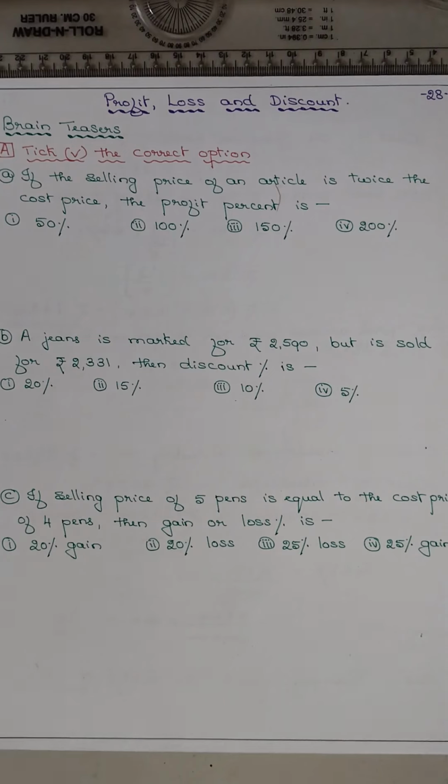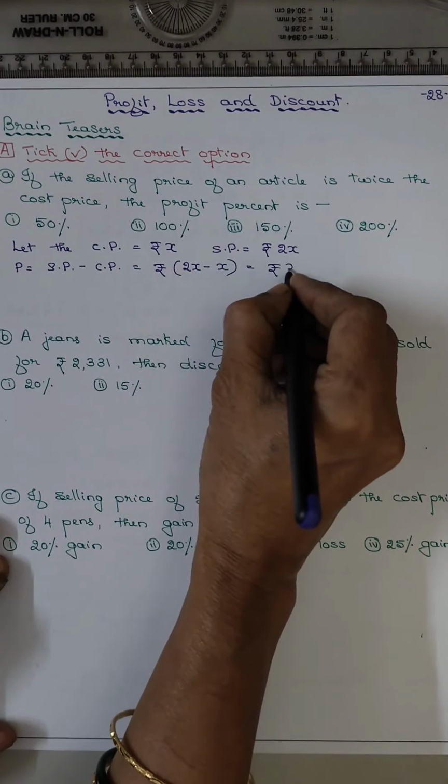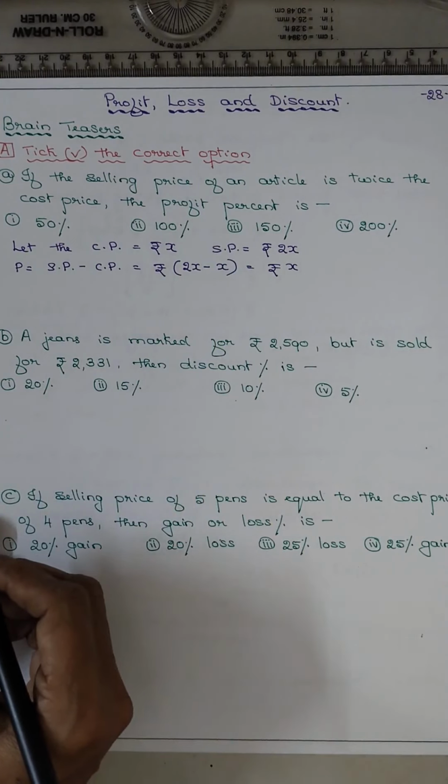Now, they have asked the profit percent, so first find out the profit. Profit is equal to SP minus CP, that is SP 2x minus CP X. So you got rupees X as the profit.